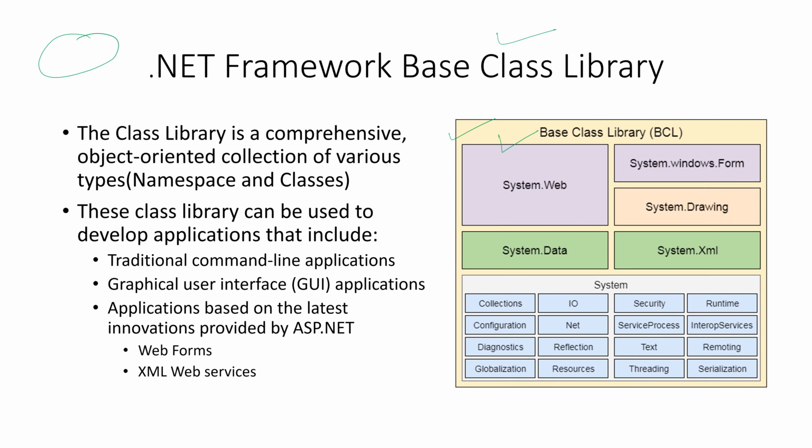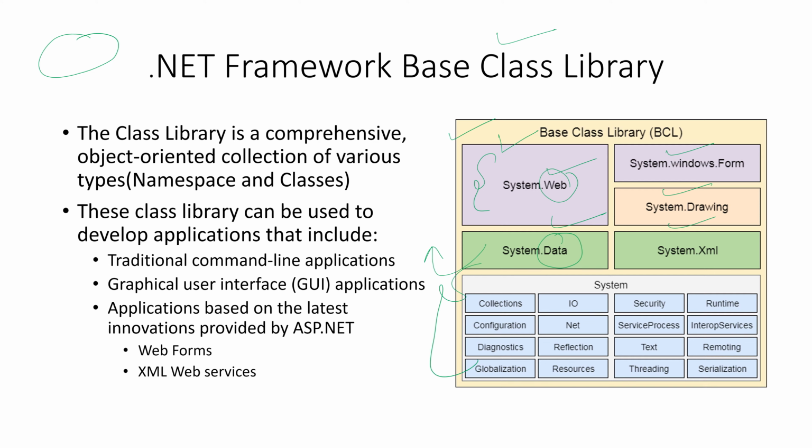Okay, so we have a system.web namespace, Windows form, drawing, XML, data, and so on. So this system.web namespace will have all the functionality related to your web-based apps. Similarly, data will have all the functionality related to how you can manipulate data on your applications and so on. Okay, so let's move on to next slide.